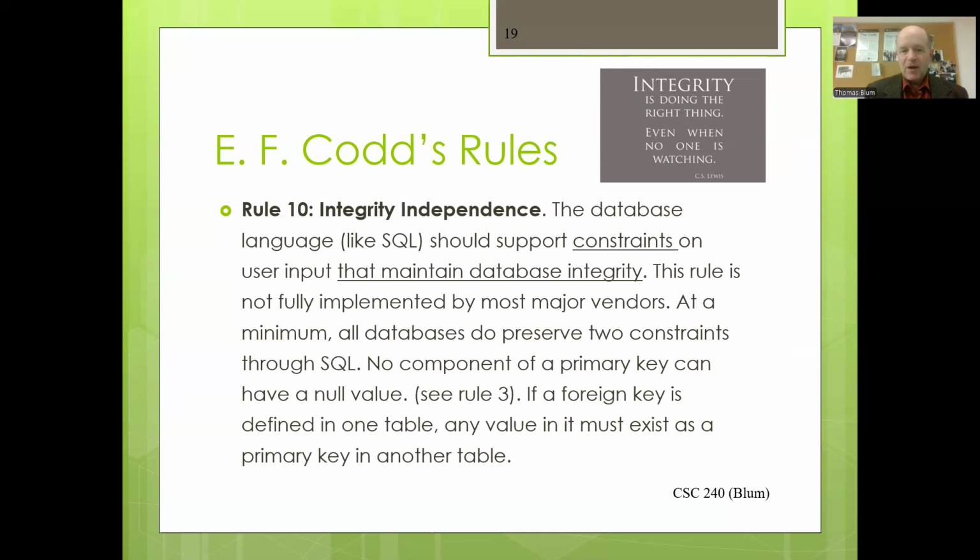Now, there are certain data integrity things that are harder to implement, but at least most SQL implementations are pretty insistent on the basics: if you have a primary key, it cannot be null. So we said we can have a null, but not in a primary key.